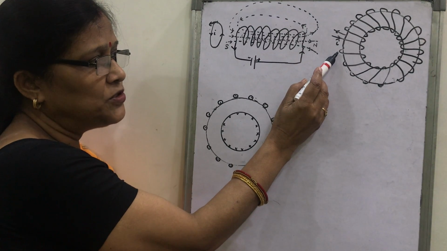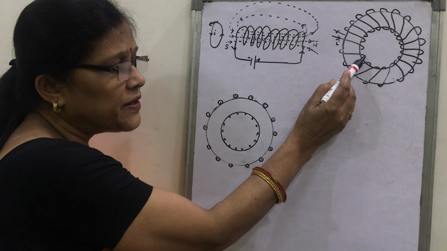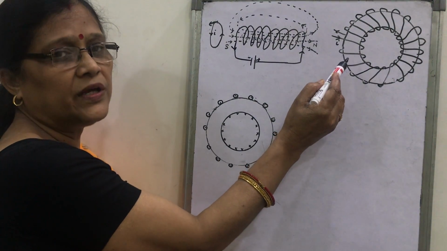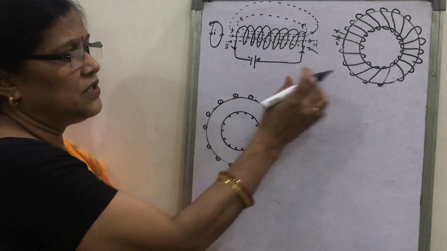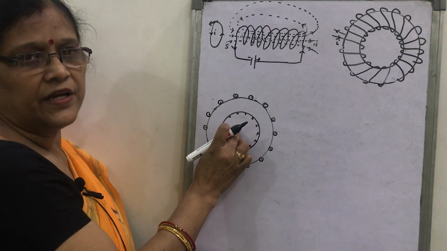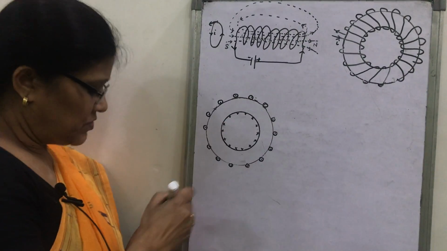So at the topmost point the current is leaving, and at the inner periphery the current is going downwards. So I have shown these dots. This is the same figure here. I have not shown the turns, I have shown the direction of current.